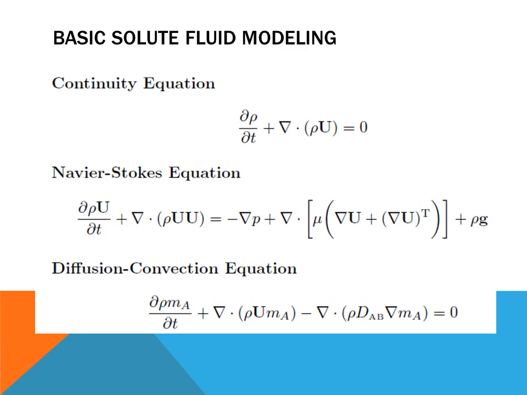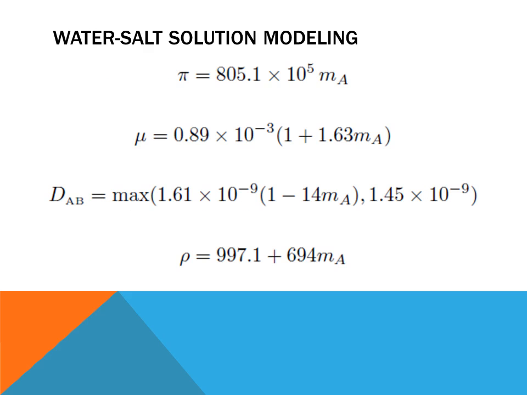What this is going to, in effect, do is create a change in the variables within that control volume. Pi is osmotic pressure, we have viscosity, the diffusion term, and rho here. All are affected by this mass fraction MA, which is quite small. I think the highest case we're going to run is like 0.09, as a decimal, sorry.